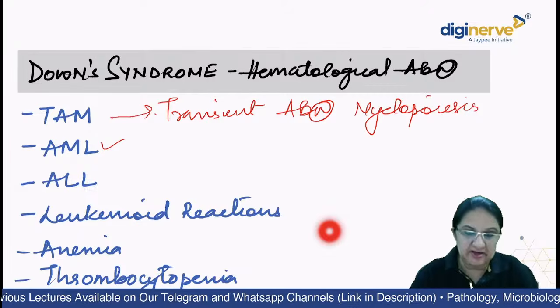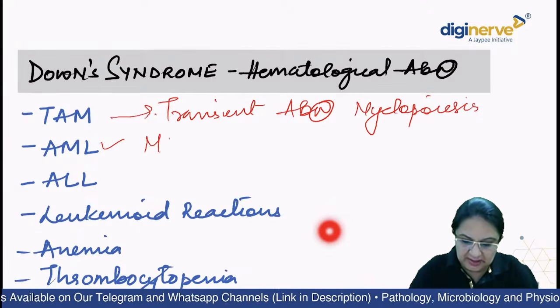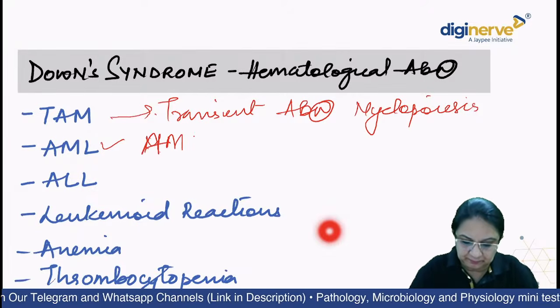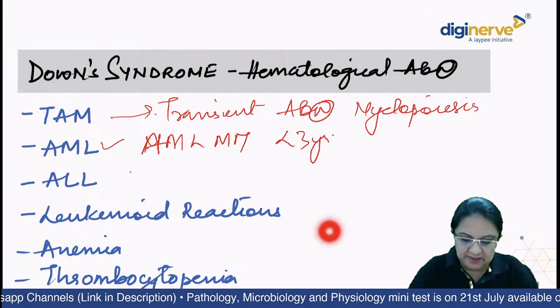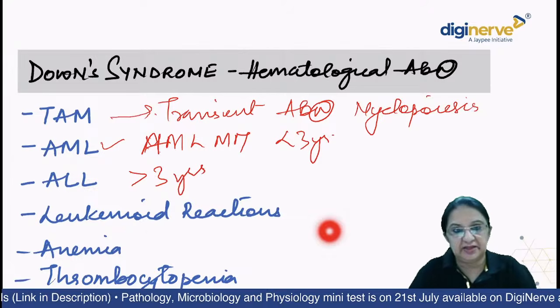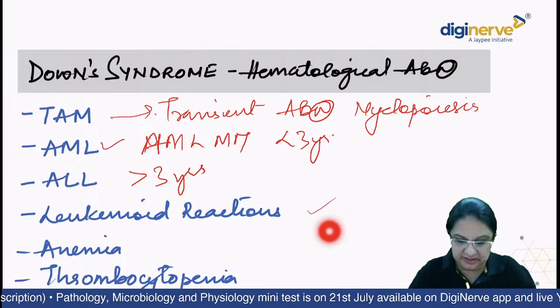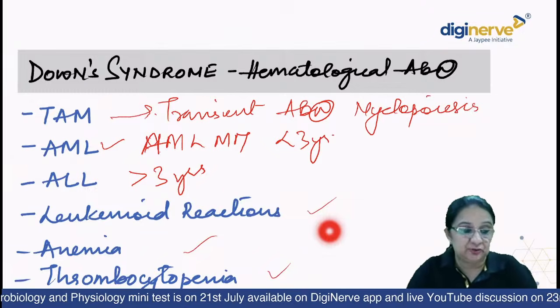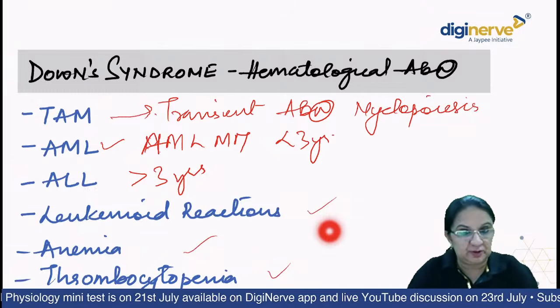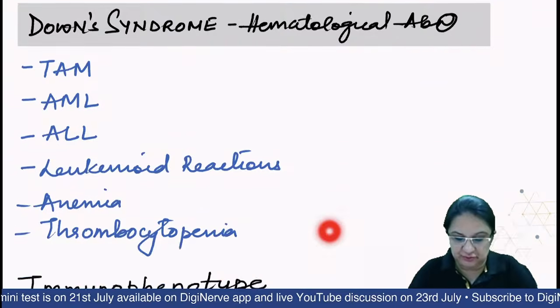So they usually have AML, which type? AML M7 in patients less than 3 years, and in patients more than 3 years, you have ALL. Plus you also have leukemoid reactions, anemia, and thrombocytopenia in Down syndrome. These are the various hematological abnormalities that you see in Down syndrome.